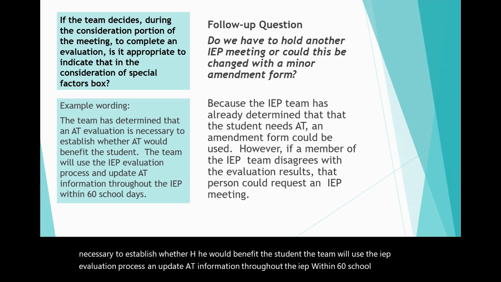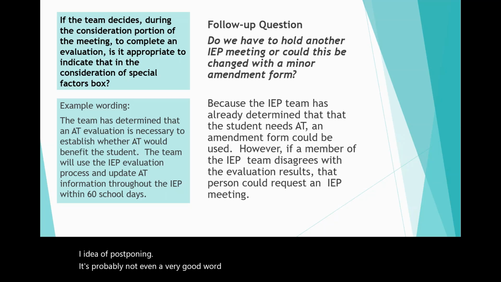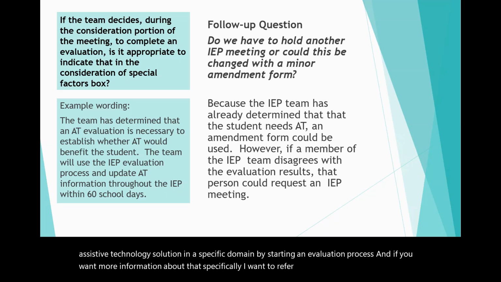So we had quite an extensive conversation about this idea of postponing, that's probably not even a very good word, about delaying the decision about a specific assistive technology solution in a specific domain by starting an evaluation process. And if you want more information about that specifically, I want to refer you back to last week's webinar.